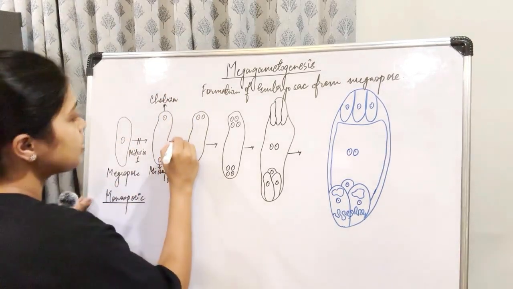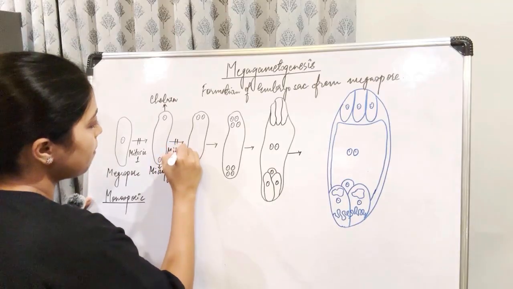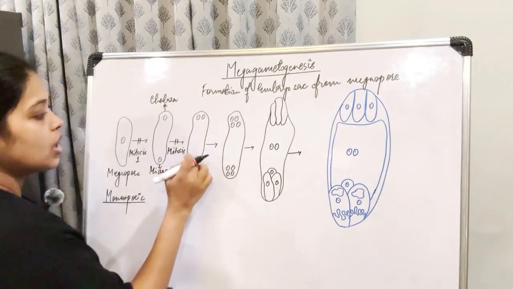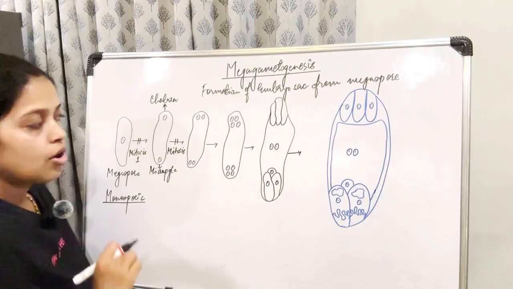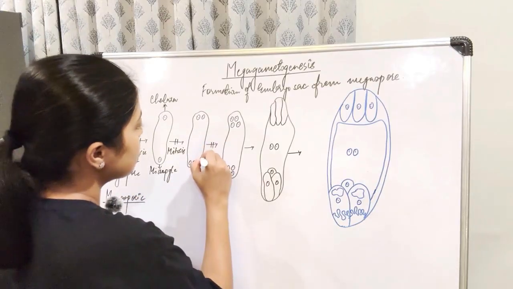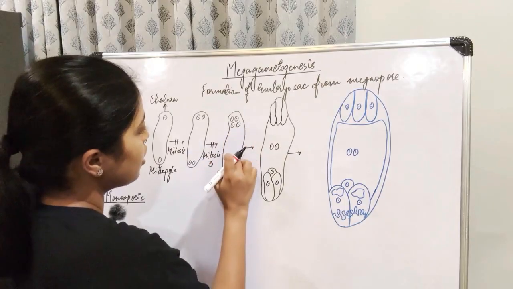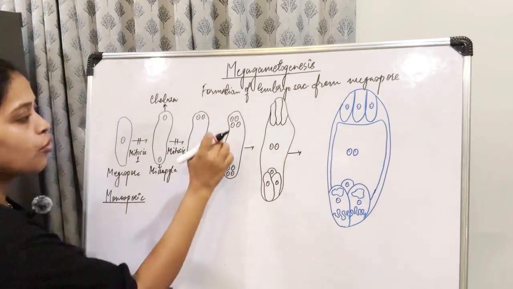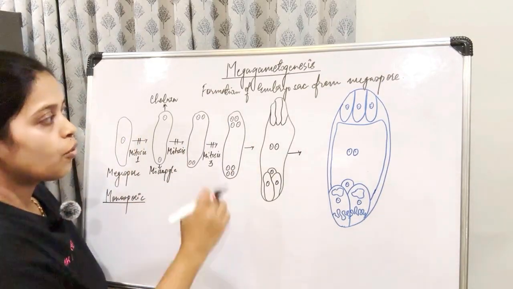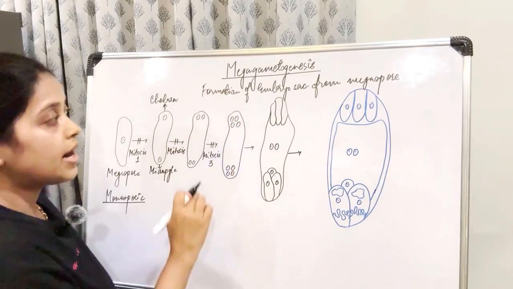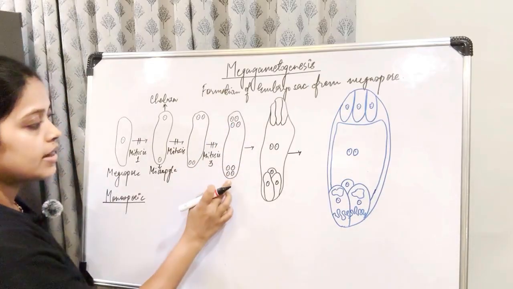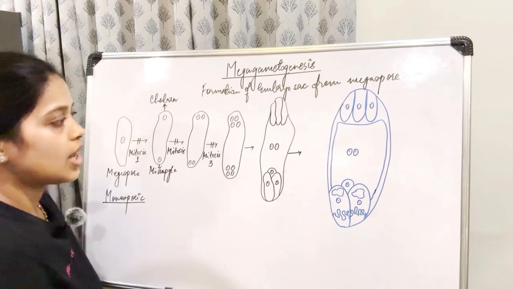Okay, now there is another round of mitosis and 2 nuclei are formed. Then there is a third round of mitosis and 4 nuclei are formed at each of the poles, at the micropylar and at the chalazal end.